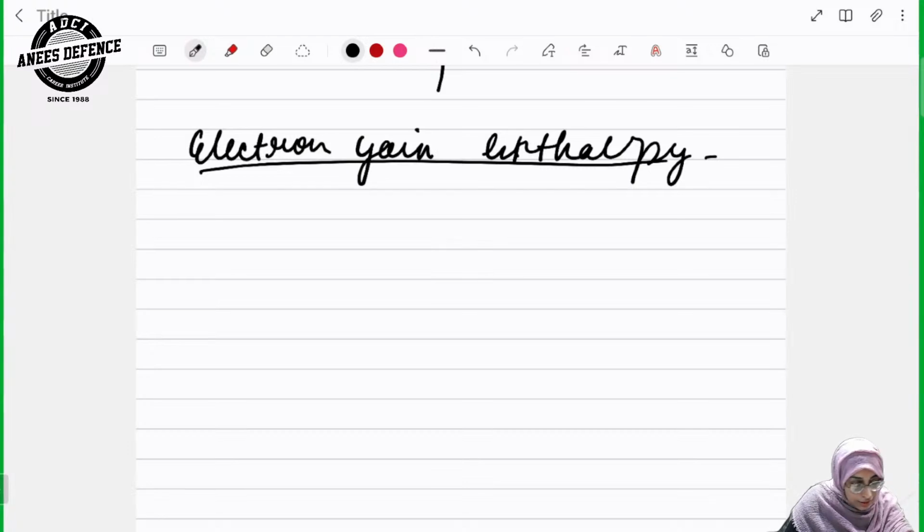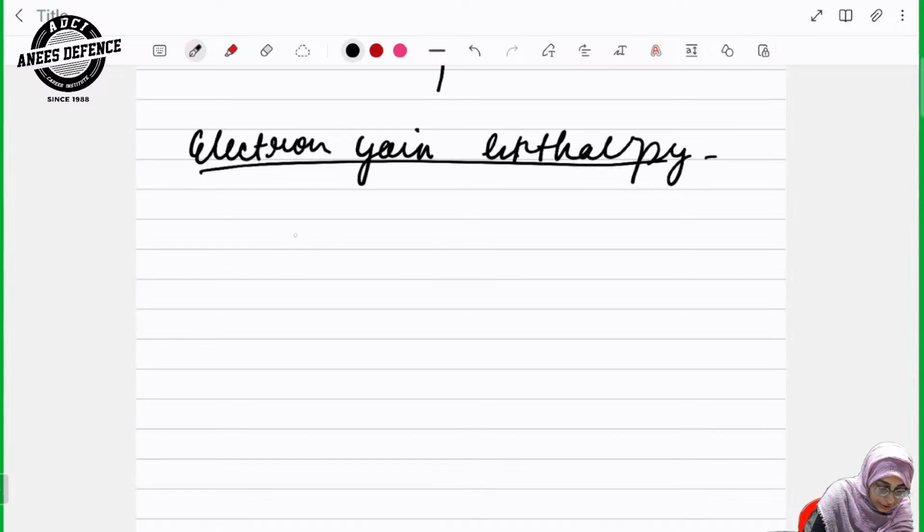The amount of energy released when an isolated gaseous atom receives an electron.